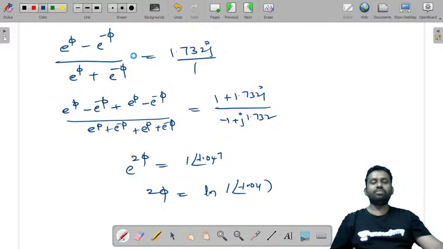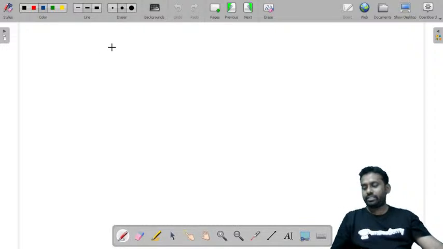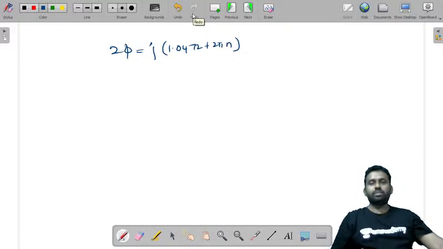If you just simplify this, you'll get 2 phi is equal to j 1.0472 plus 2 pi n. So just substitute the values of n is equal to 0, 1 and so on.